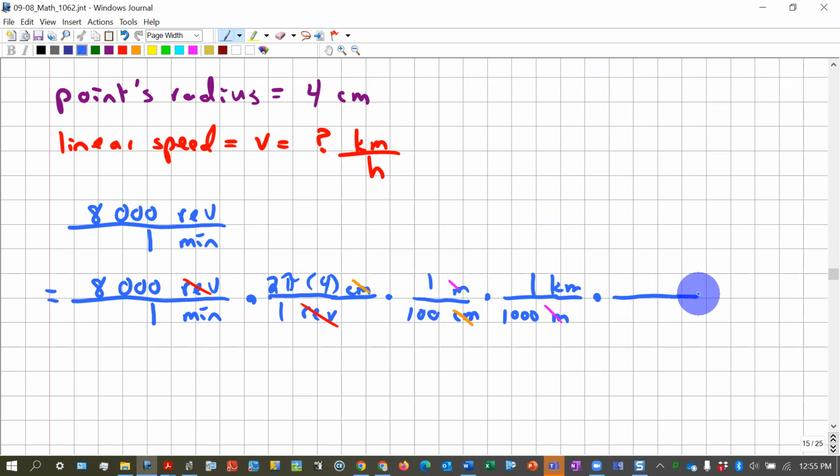Right now, minutes is in the denominator, so to get rid of them in my new fraction, minutes will have to be in the numerator and then hours in the denominator. And there are 60 minutes in 1 hour. So this minute here divides out with those minutes there.